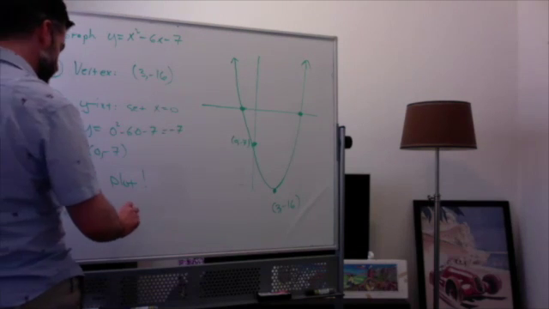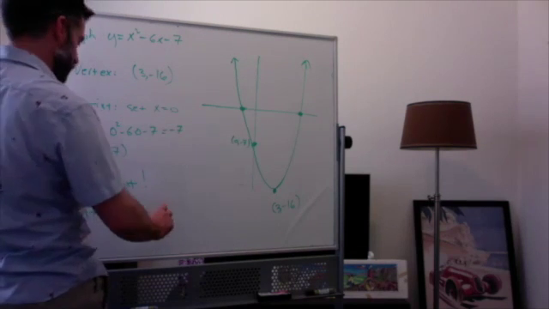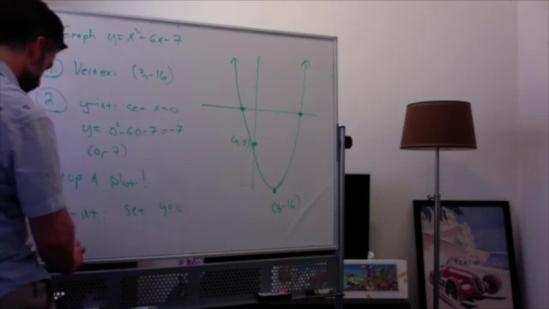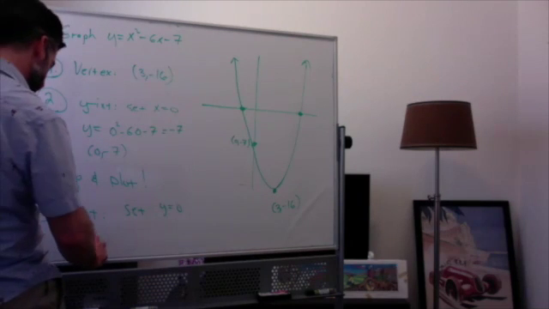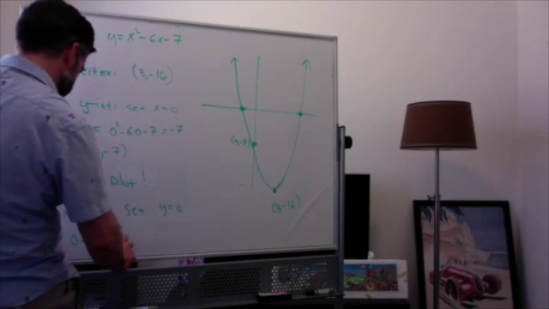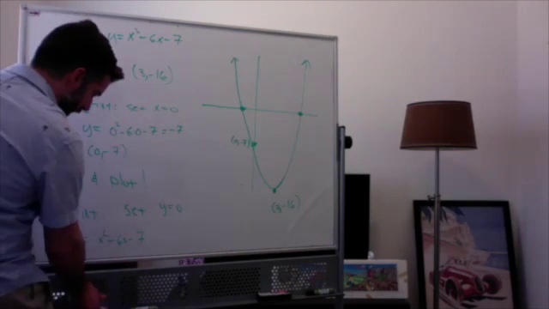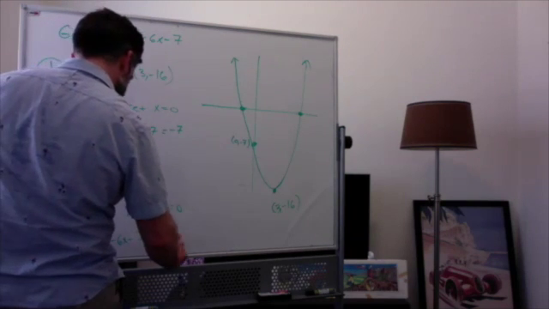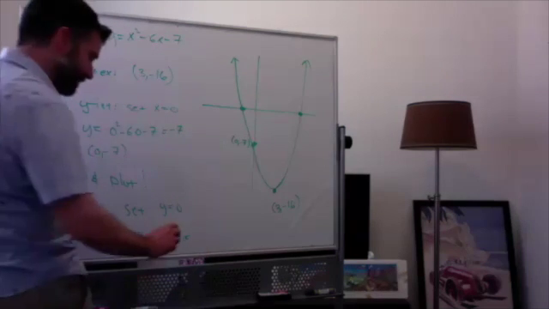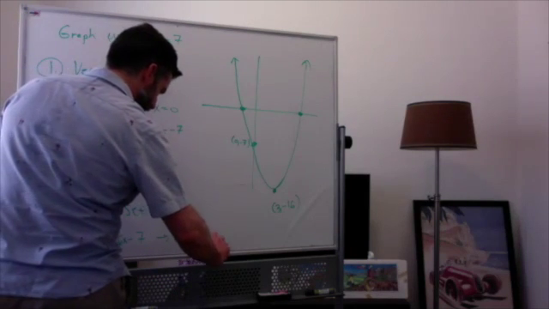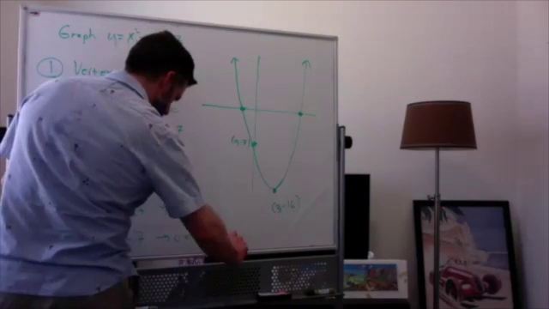So we're going to set y equal to 0. So we've got 0 equal to x squared minus 6x minus 7. And then this factors as x minus 7 times x plus 1.